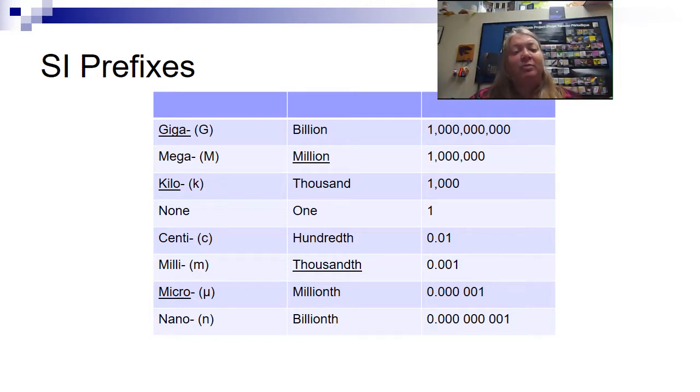So if you look at the prefixes on this slide, and these are the ones that I would expect you to be able to know, you're going to notice that they go by thousands, 1,000 times bigger or 1,000 times smaller. So starting with our base unit, so this none, that's our base unit. If we want things to be bigger, 1,000 of our base unit, so say 1,000 meters is a kilometer. If we had a million, that's mega, and a billion is giga.